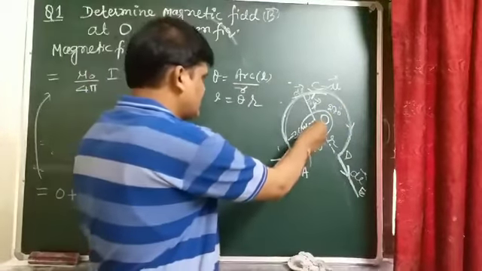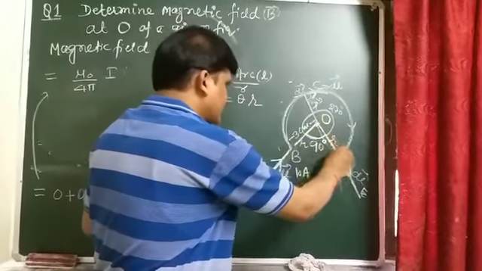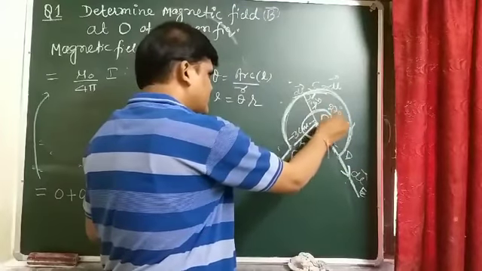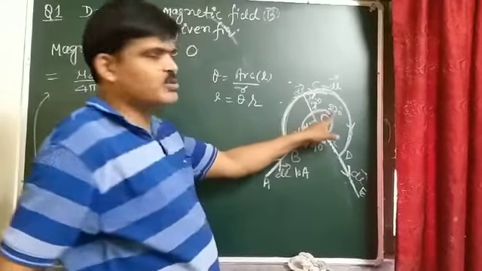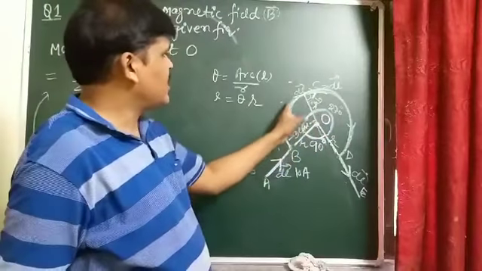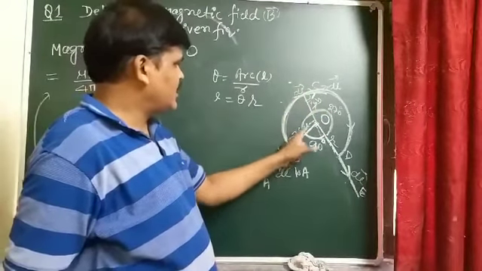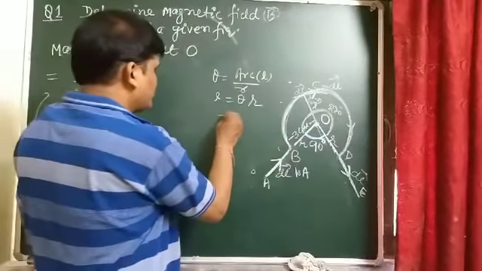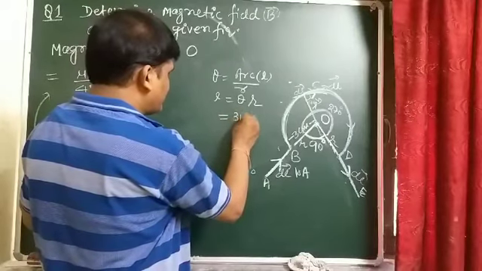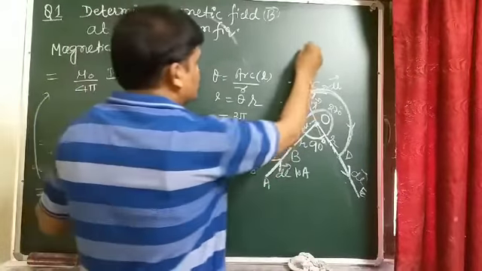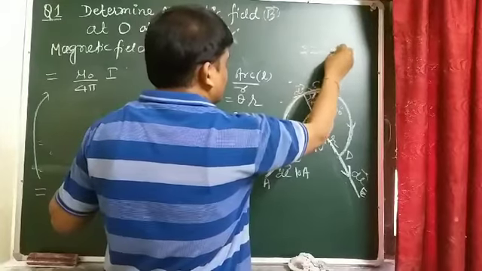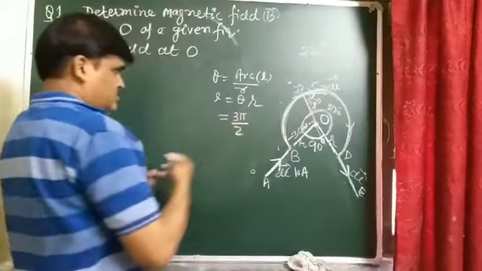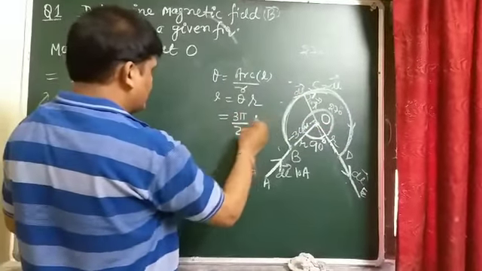This arc subtends an angle of 270 degree at the center of the circle. So theta in place of 270 can be written as 3 pi by 2, into r.